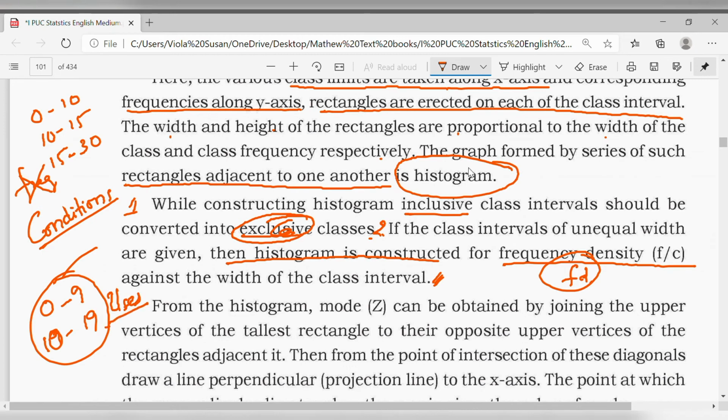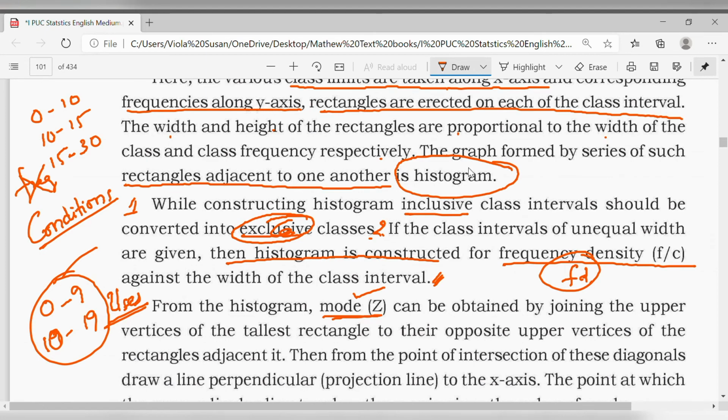Then what are the uses of this histogram? From the histogram, mode can be obtained by joining the upper vertices of the tallest rectangle. I will show that to you. What is mode? Mode is one of the measures of central tendency. Arithmetic mean, median, and mode are all measures of central tendency.